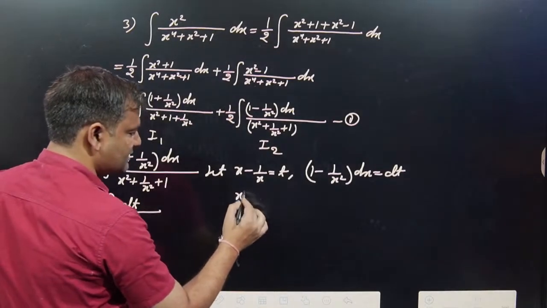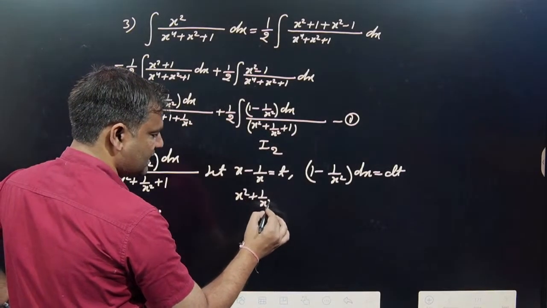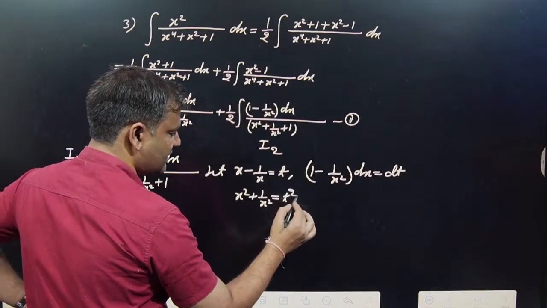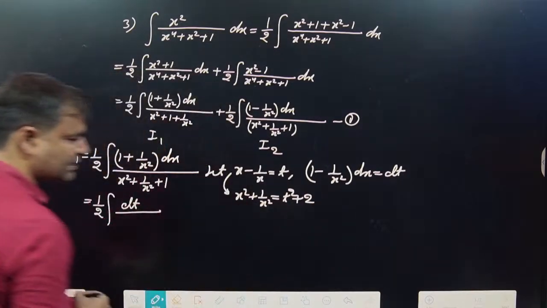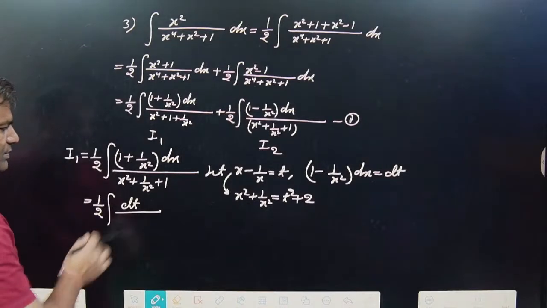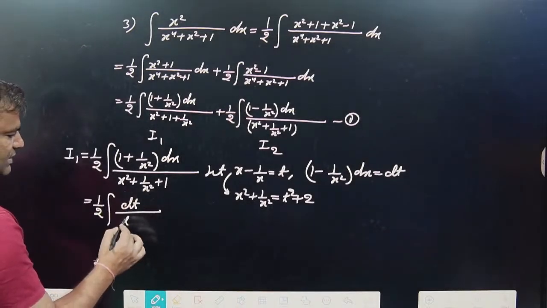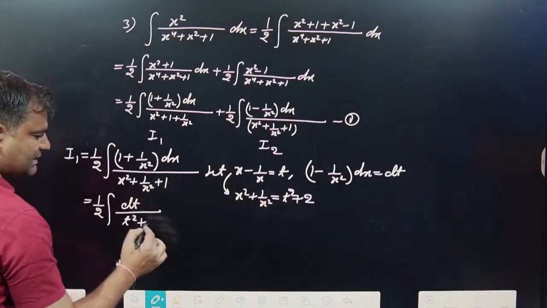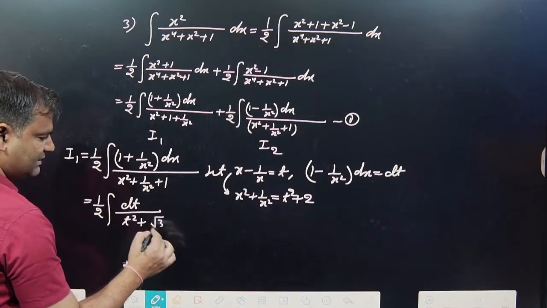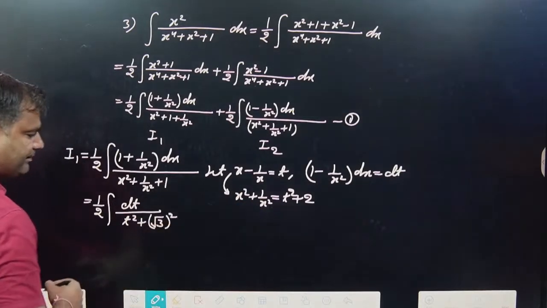this one, x square plus 1 upon x square, is equal to t square plus 2, if we square both sides. So that one is replaced to t square plus 2 plus 1, that is 3, and this 3 is written as root 3 to the whole square.